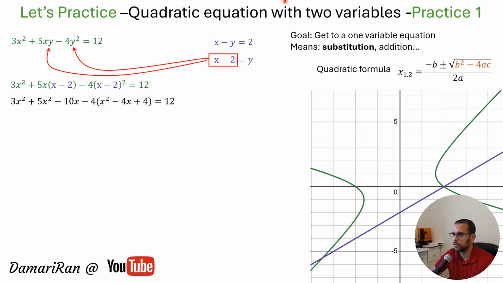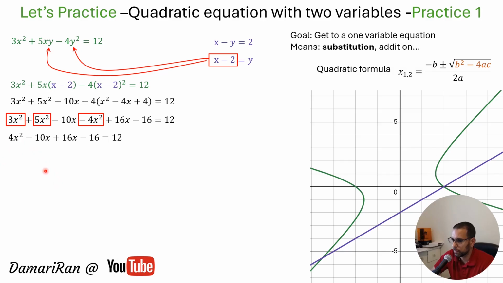Good luck. All right, let's see if we got the same result. Okay, so we're going to open this up. Minus 4 times x squared, that's minus 4x squared. Minus 4 times minus 4x is 16x, and minus 4 times 4 is minus 16. Now let's add every similar term together. 5x squared here, x squared here, x squared here, is going to give us 4x squared.